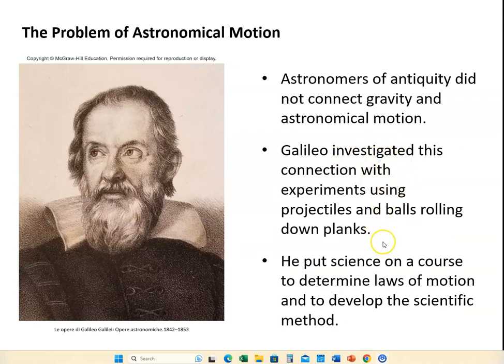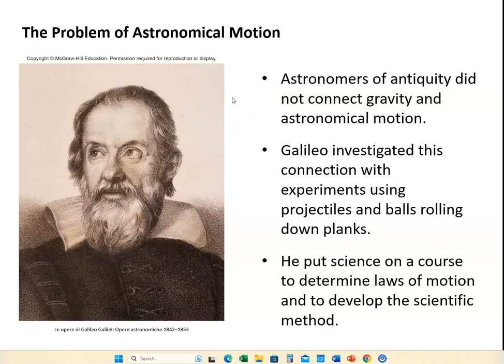So with these experiments, he realizes, or he hints, that gravity could affect astronomical motion, right? Because remember, he believes Copernicus, that the planets go around the sun.